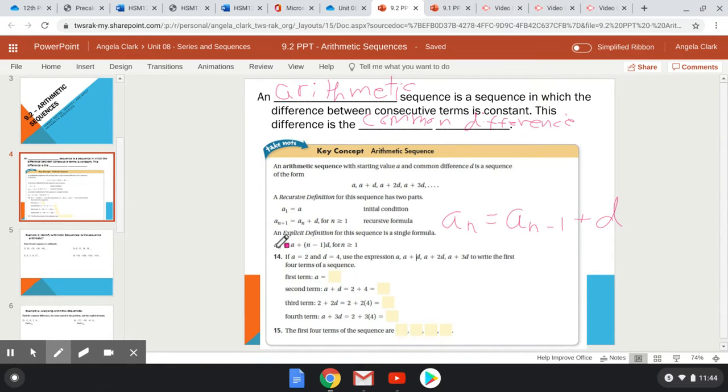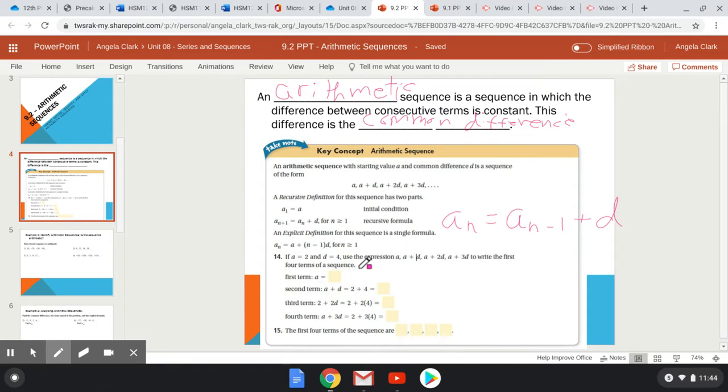And then if I'm looking for term 2, then that's a plus 2 minus 1 is 1d. So the second term is just a plus 1d or a plus d. The third term would be a plus 2d and so on. So this n minus 1 gives us the number that we want in front of our d for each term.